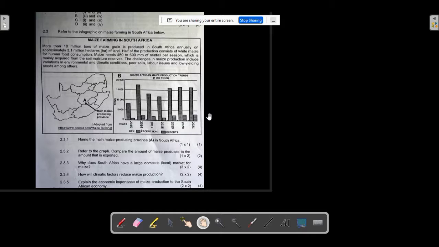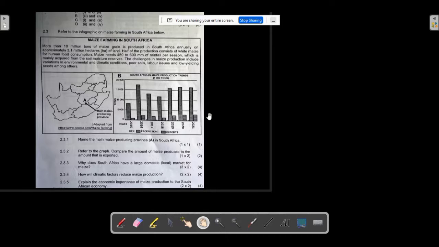So on the left hand side, we have a map of SA, and then we have A. Of course that is Free State, guys. So we have A on Free State. And then on the right hand side, B, we have a graph there, and it shows production and exports as well.